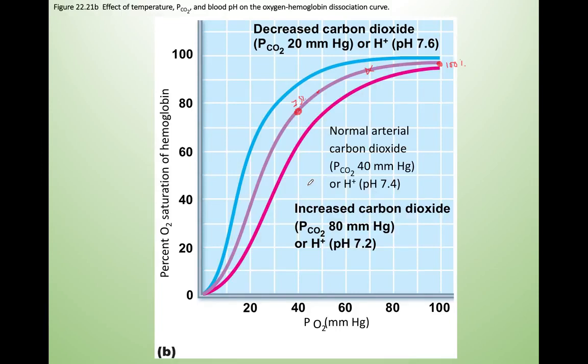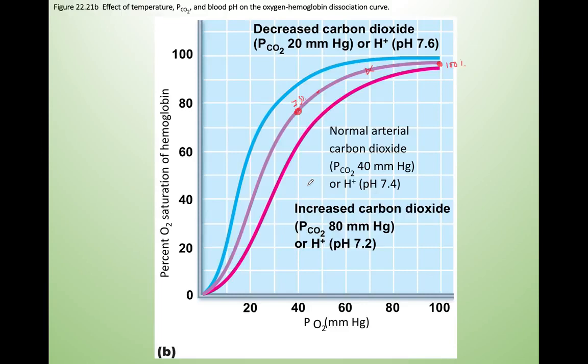So do I want to hold tightly to that oxygen if I have high pressure of carbon dioxide? The answer is no. I want to release the oxygen because I have too much CO2. High CO2 implies that your body metabolism is fast, and for your body to carry out the metabolism, you need to release oxygen because oxygen is the fuel for metabolism.